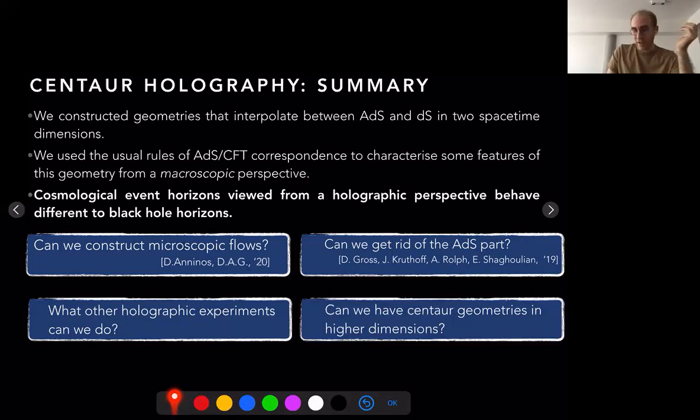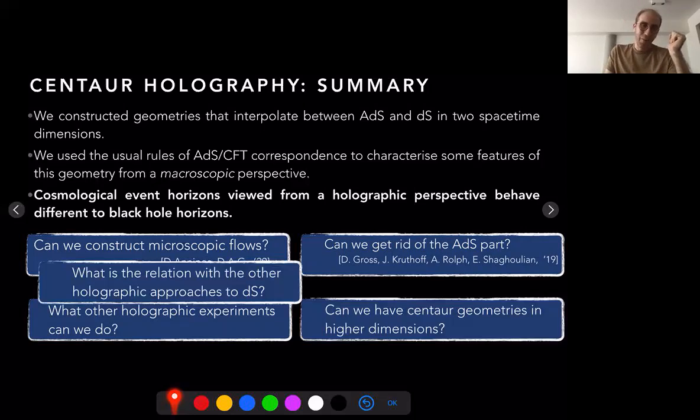CENTAUR geometries in higher dimensions, I guess this is related to what Gaston was asking, or maybe not. What is the relation between this approach and all the other de Sitter approaches, some of which I told briefly at the beginning of the talk?